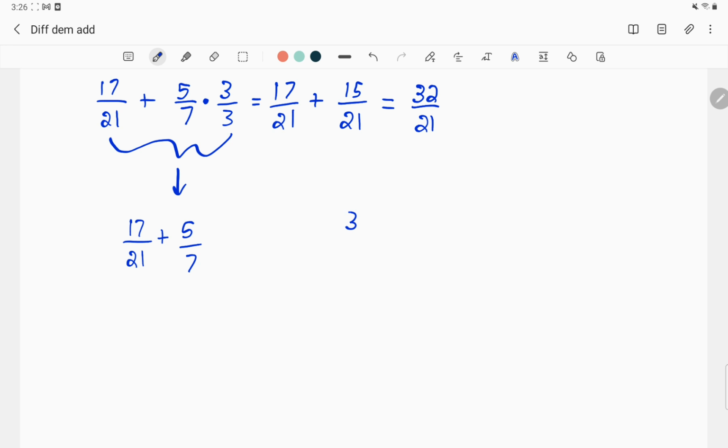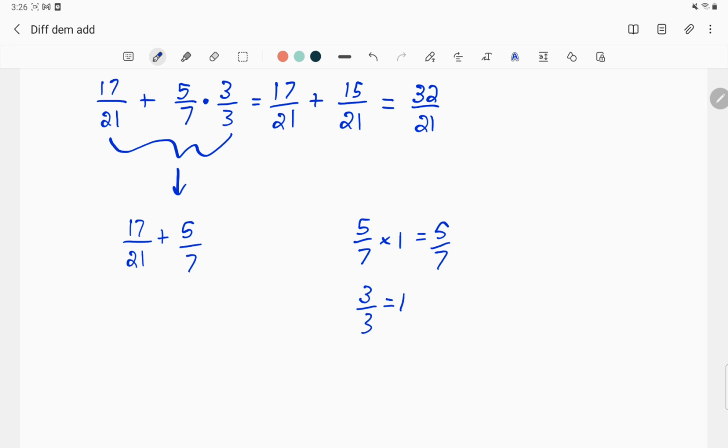If you multiply 3 times 1, it still equals 3. 100 times 1 still equals 100, and on, right? So when you multiply 5 over 7 by 1, it still equals 5 over 7. And we'll notice that 3 over 3 equals 1. Any number divided by the same number equals 1.